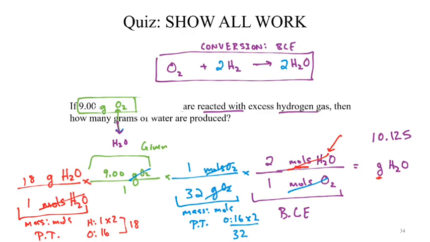I know I've actually been avoiding that question. We get 3 sig figs because we were given 9 grams to start, which is 3 sig figs. So 10.1, the 2 and the 5 are going to be insignificant, and our answer becomes 10.1 grams of H2O. Because you might have a question and say, well, aren't there sig figs in our individual conversion factors?